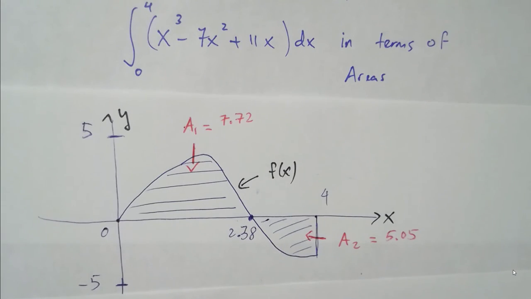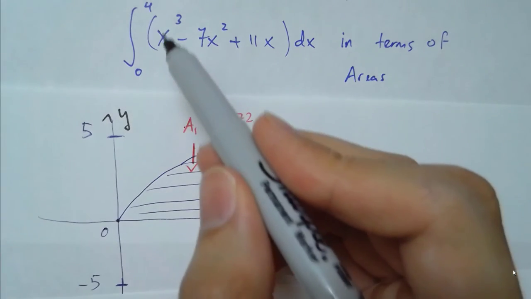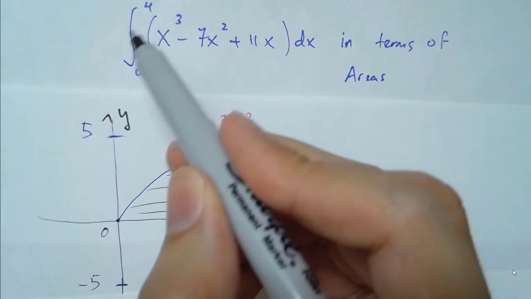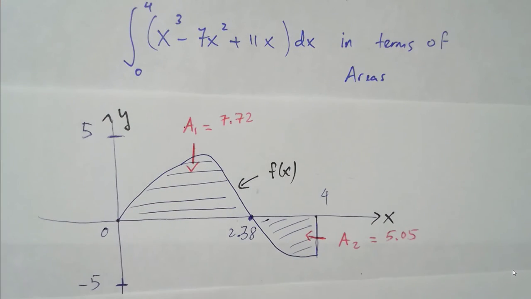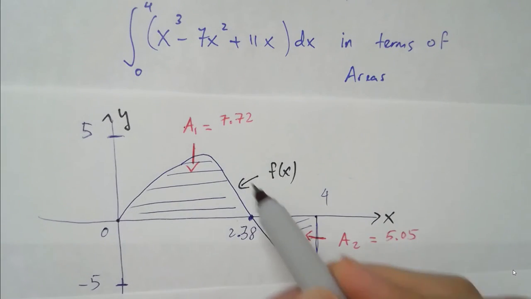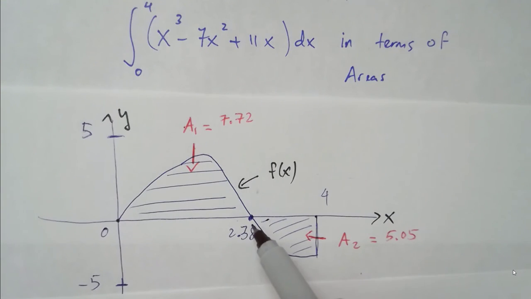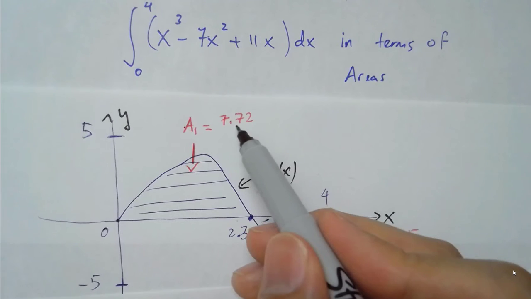Now, by the definition of the integral, the definite integral of that function is simply the summation of all the areas from the point a to point b. The area from 0 to the intersection at 2.38 is found to be 7.72.